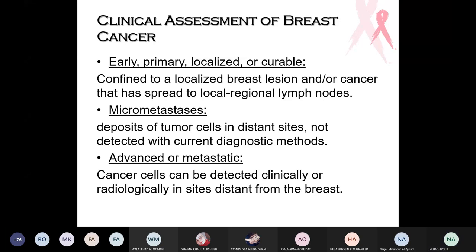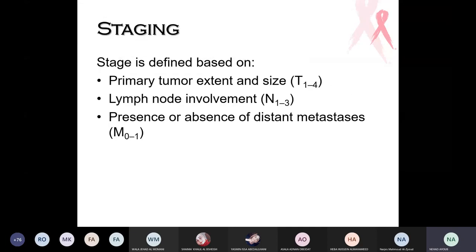Now in general, when we talk about staging in solid cancers, the most important staging system is the TNM staging system. We look at 3 parameters. T means tumor size, N means number of lymph nodes involved, and M means metastasis, and here we mean distant metastasis.